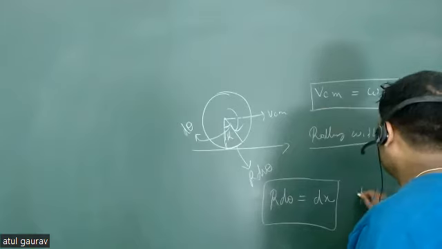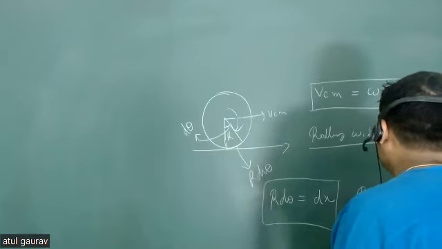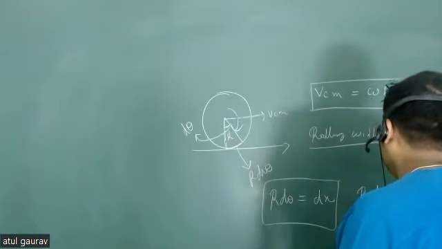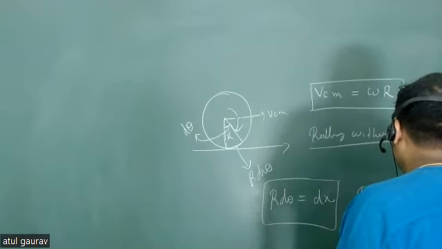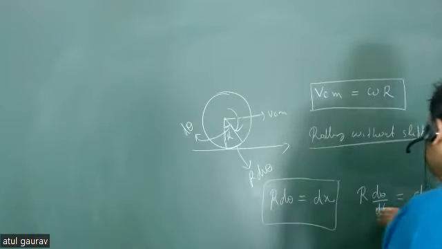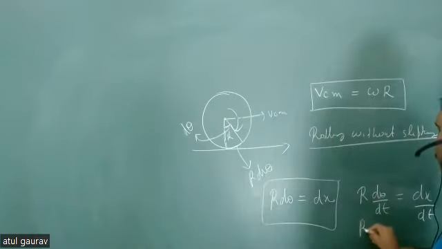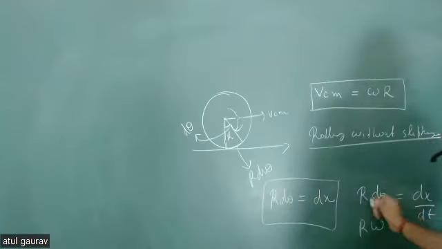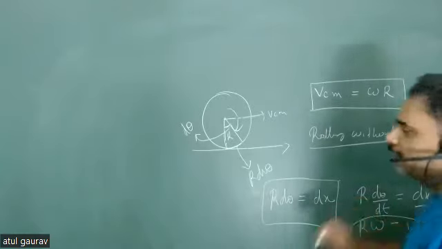So you write R d theta upon dt is equal to dx upon dt, and what you will get is V equals r into omega. D theta upon dt is nothing but omega, and dx upon dt is nothing but the velocity of the center of mass.